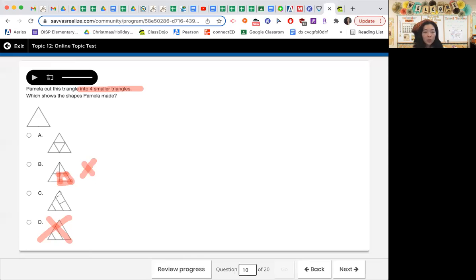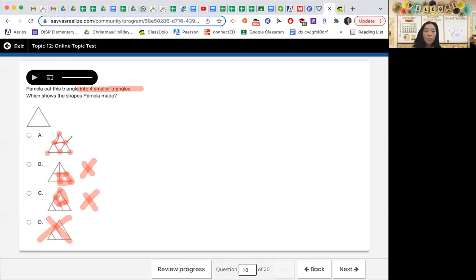No. Okay, let's look at C. How many vertices does this shape have in C? 4. So it can't be C either. Nope. We're only looking for triangles. So which is the only one that shows us shapes that have 3 points? A. Let's look at it.